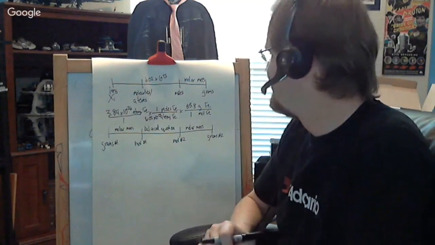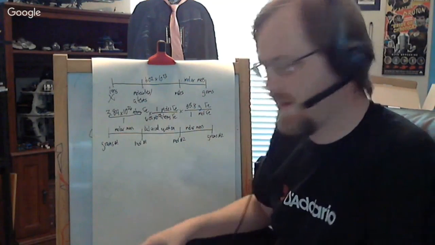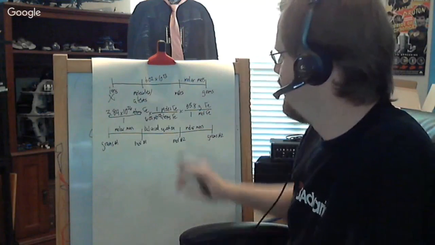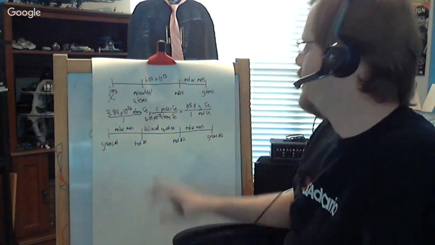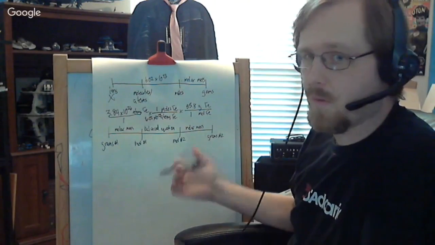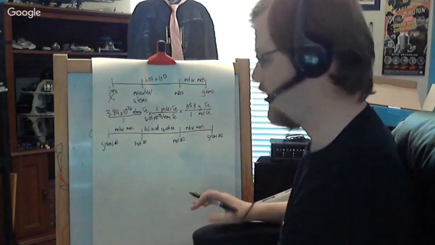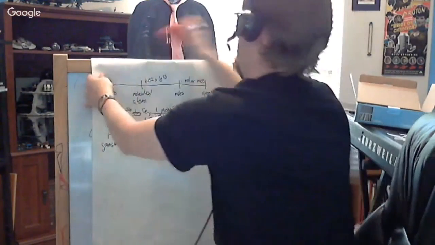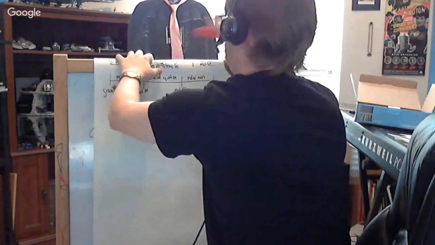All right. So let's get back to our stoichiometry stuff here. In order to do this, we also have to have a balanced equation. So let's say we have something like, let me move this up a little bit.